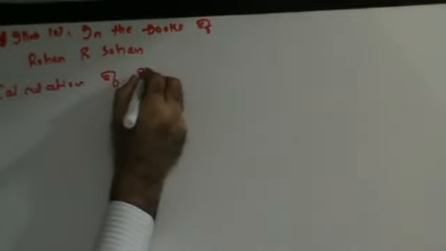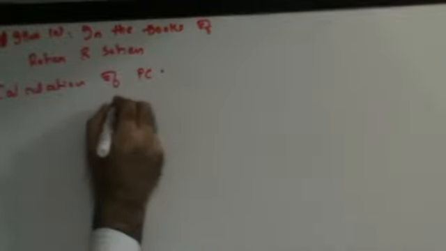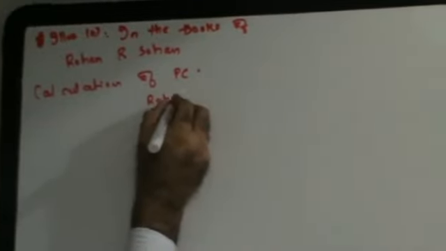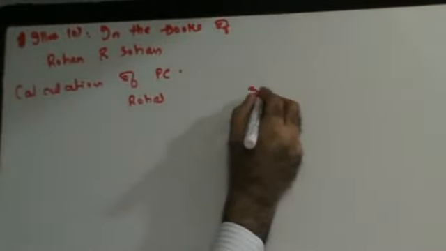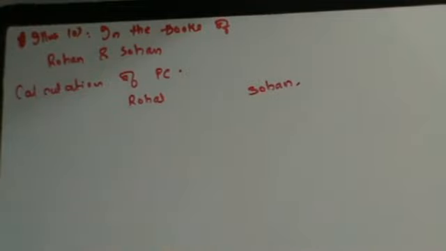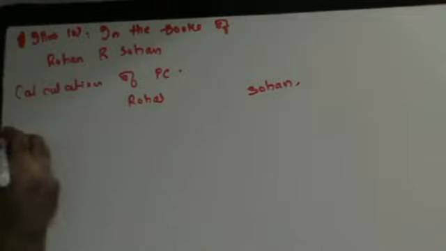First, let us see the calculation of purchase consideration, PC, for Rohan and Sohan. Now, they've said that the terms of amalgamation were as under. 9% preference shareholders of both the companies are to be issued an equal number of 13% preference shares of Mohan at a price of 125.